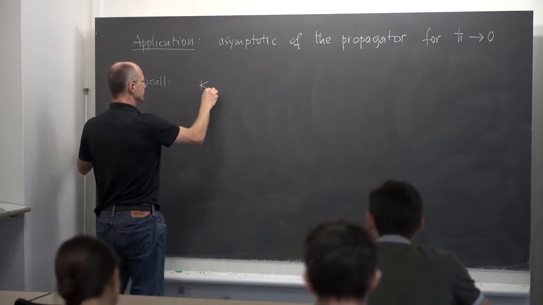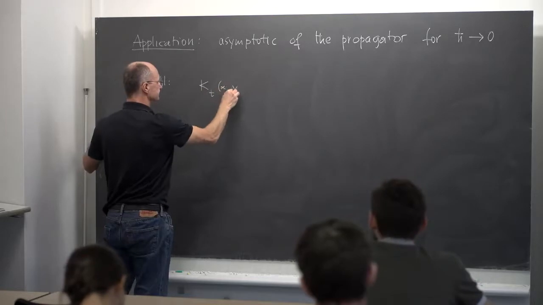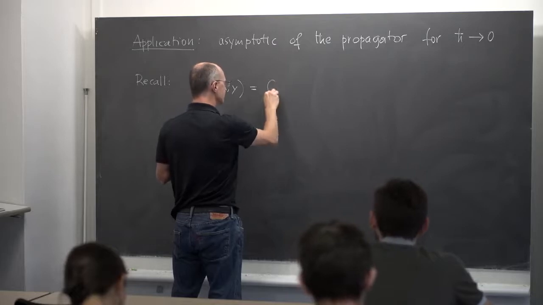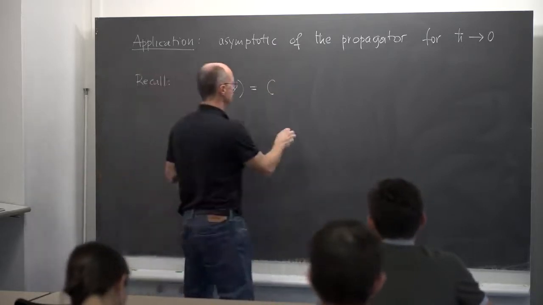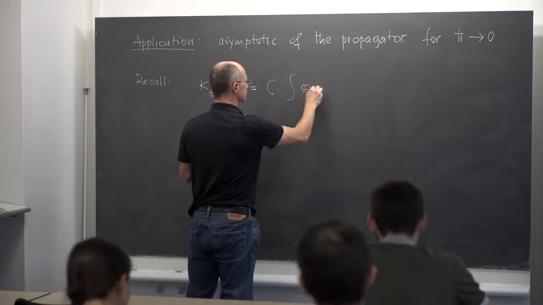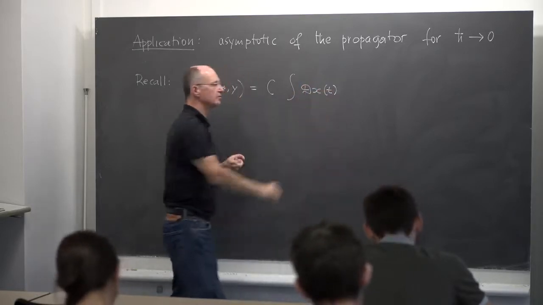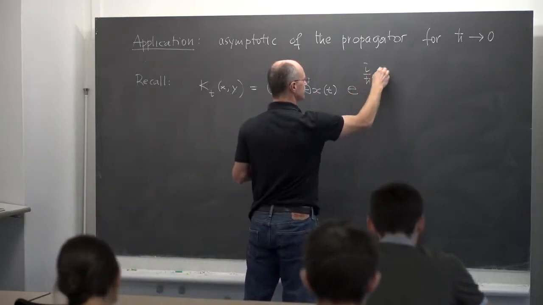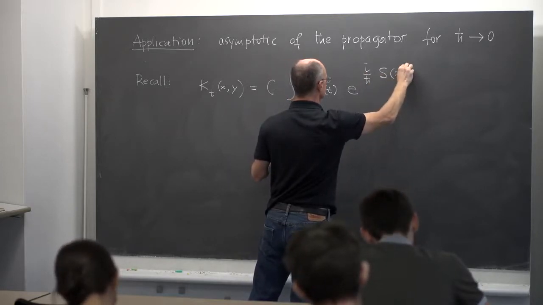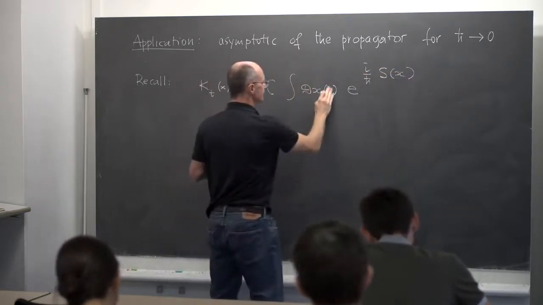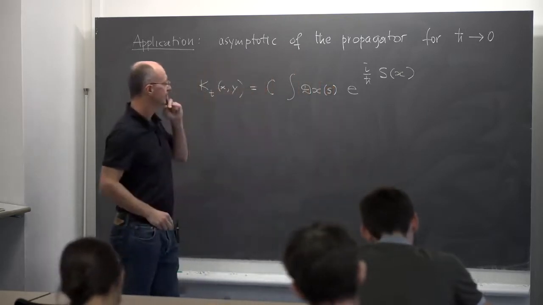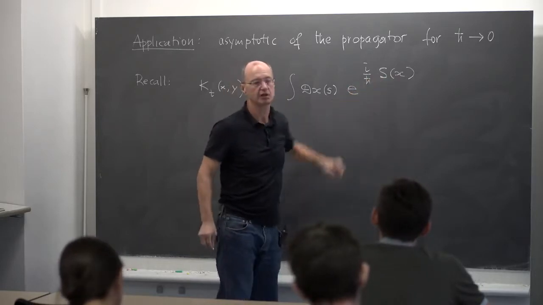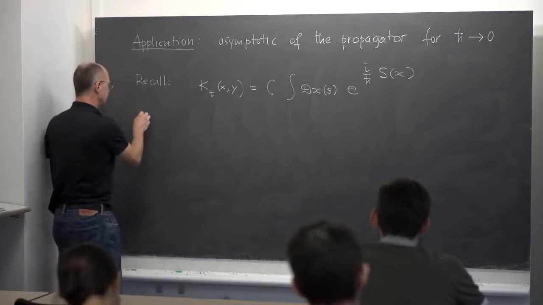So that's the formula for the propagator, which gives it as a constant times the Feynman path integral over trajectories. Or maybe S. Let me call it S. So the path integral over trajectories, and here the exponential of the functional, which is called the classical action.